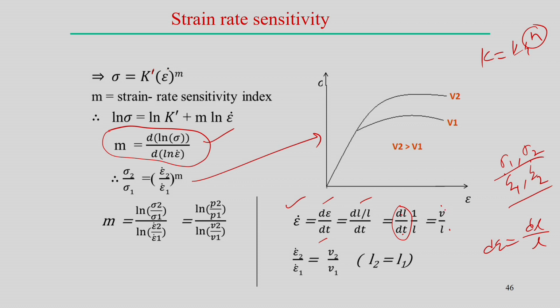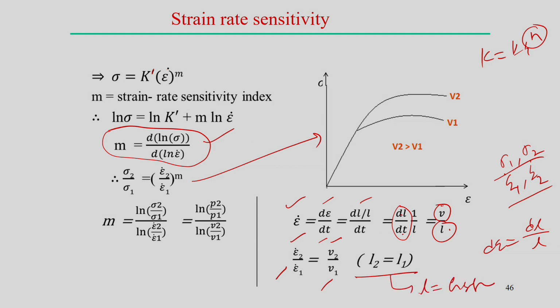So when you conduct the experiment at two different velocities, meaning two different crosshead speeds, the length of the sample remains the same in the two cases. So once the length of the sample is the same, and you conduct the experiment at two different strain rates, that means two different crosshead speeds, then we can find the ratio of epsilon dot 2 to epsilon dot 1 equal to V2 by V1, assuming L is constant.